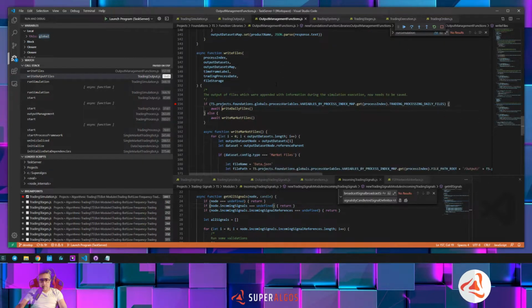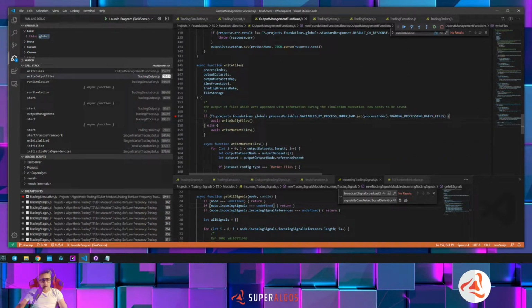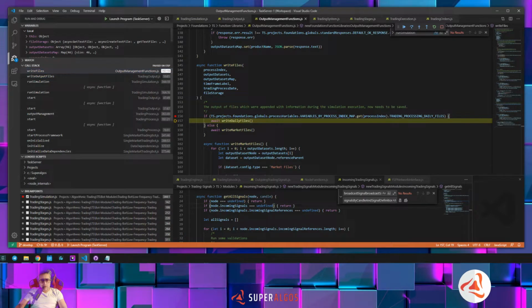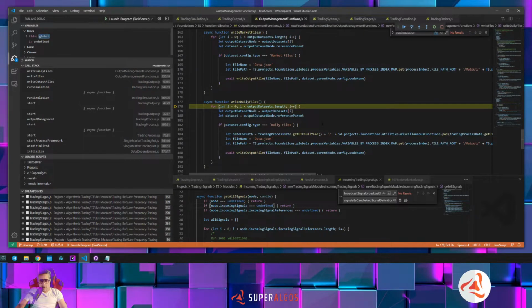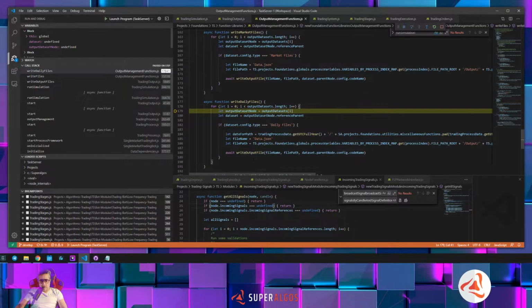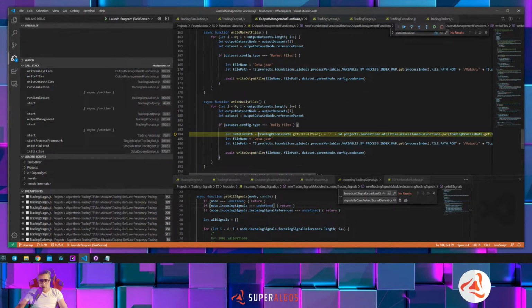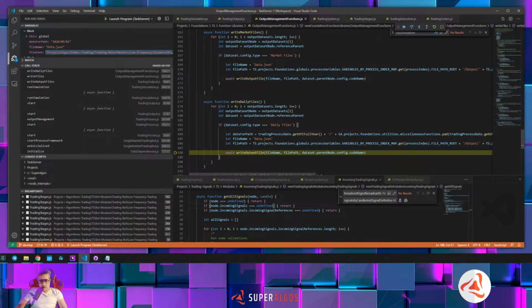And this output management functions is going to, where are we? Going to enter in here. Which eventually is going to enter in here. Write output file. With an await.